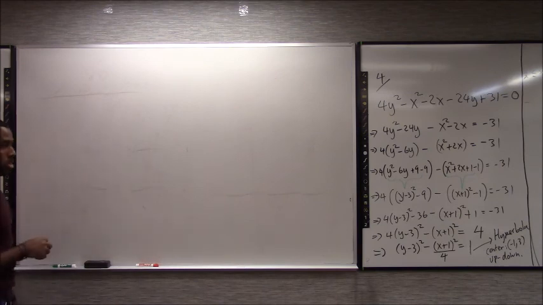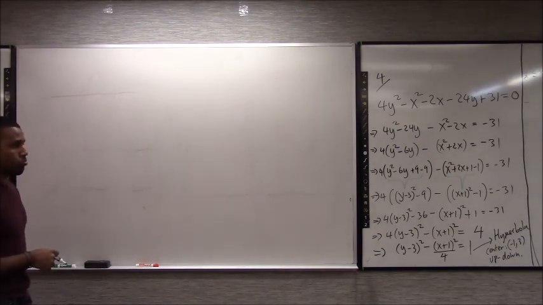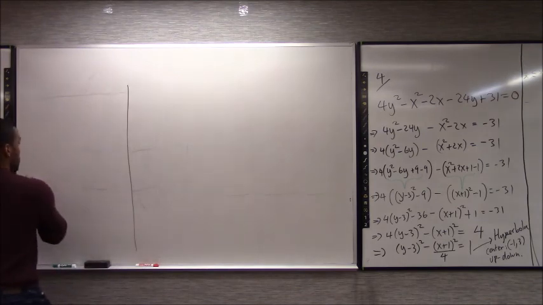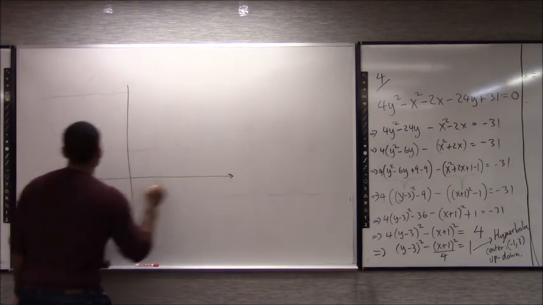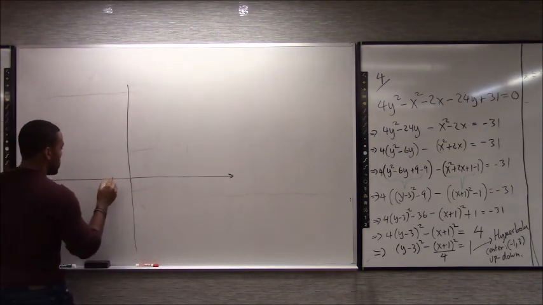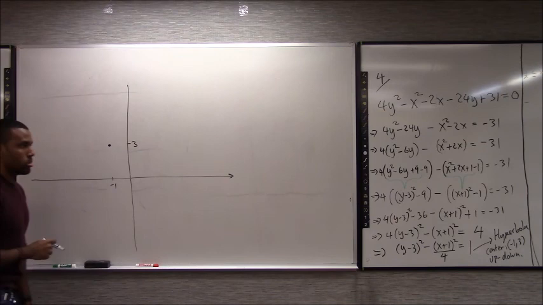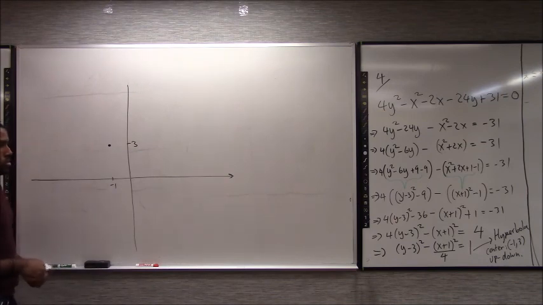Okay, how do we start? What is the first thing we sketch here? The center. Sketch the center. Negative 1, 3, let's put that there. Now what?